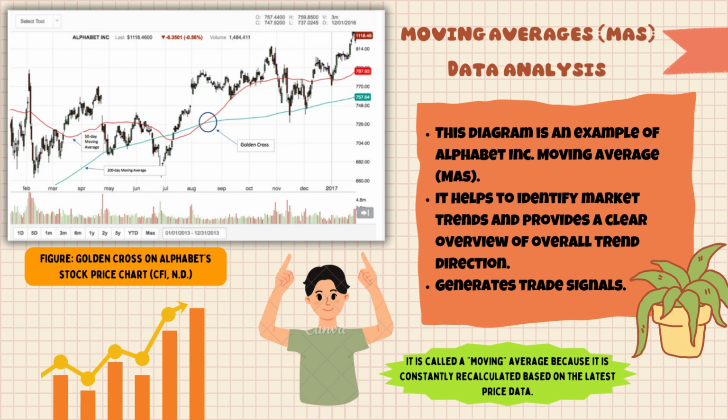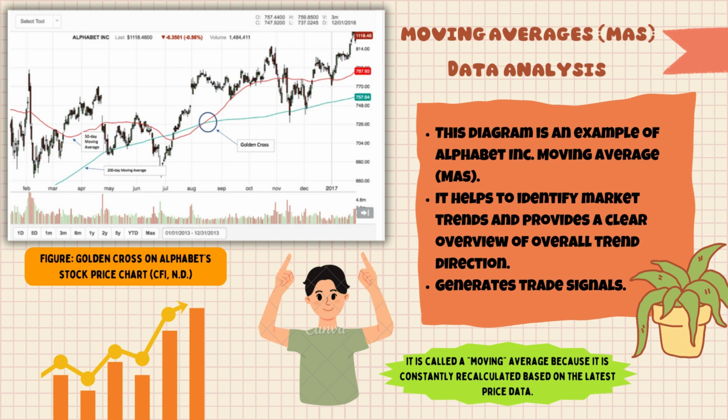So what does this show us? Basically, moving averages really help us to identify market trends and provide a clear overview of the overall trend direction. It really gives us investors great knowledge of the movement of these trends, and it generates trade signals.